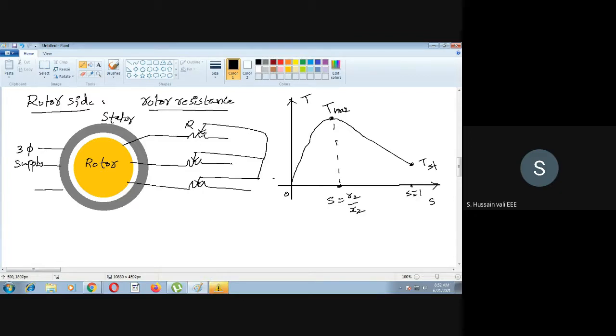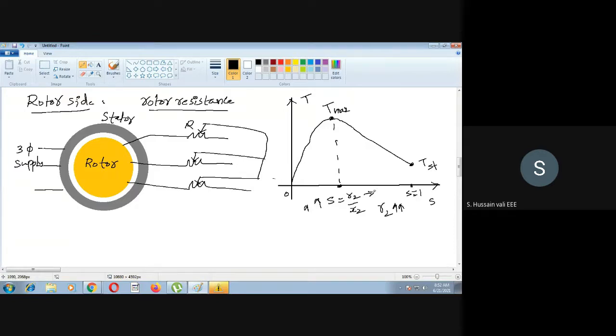So when you include extra resistance, R2 will rise. X2 remains constant, you are changing only R2, so the slip value will increase. That is, the slip at which maximum torque occurs increases.